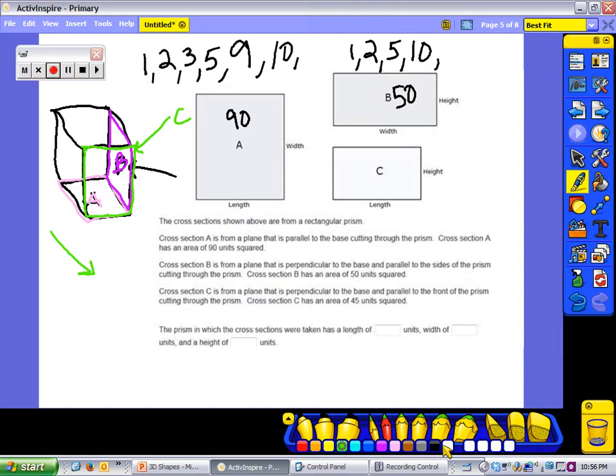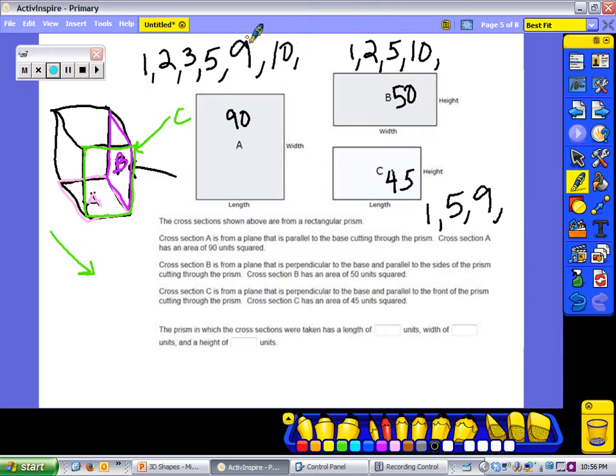Okay, and then the cross-section C has a squared units of 45 as its area. So go ahead and write out some factors of 45. So 1, 5, 9, 45, of course.